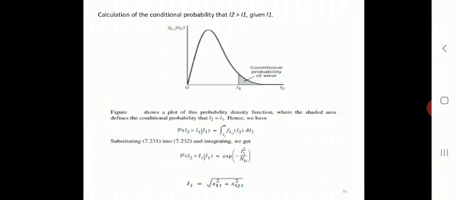The probability of L2 greater than L1, given L1, is equal to the integration from L1 to infinity of f of L2 of l2 dl2. By integrating the above function we get exponential of minus L1 squared by n naught.